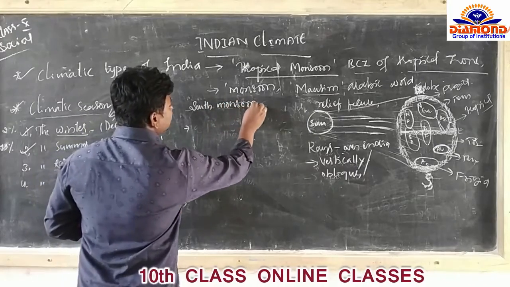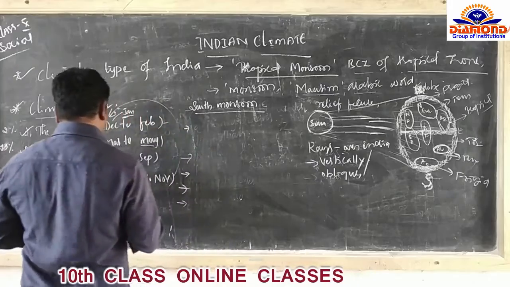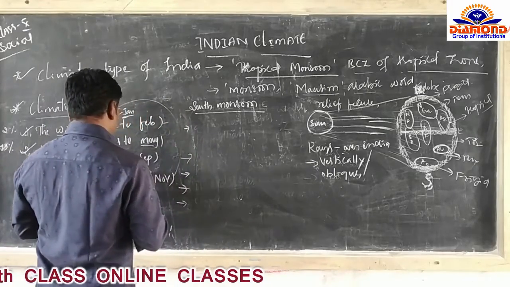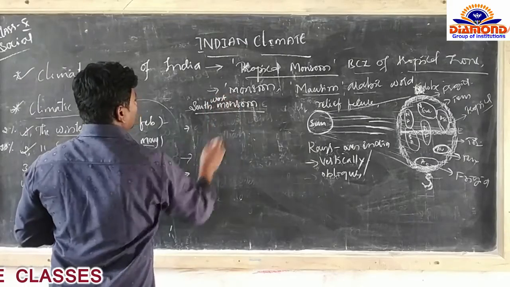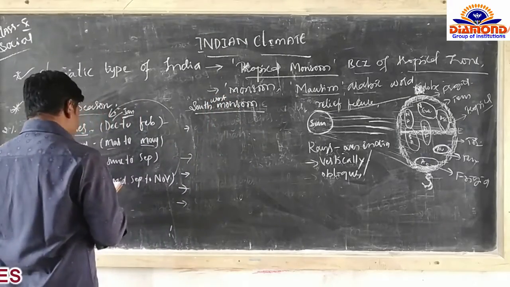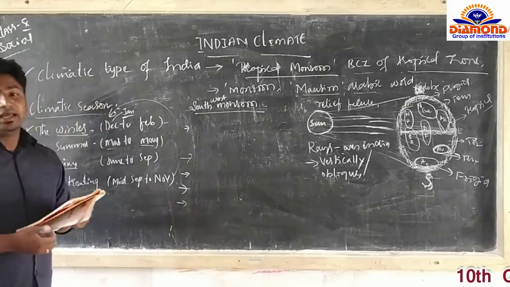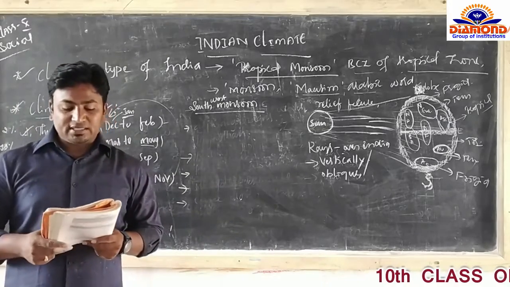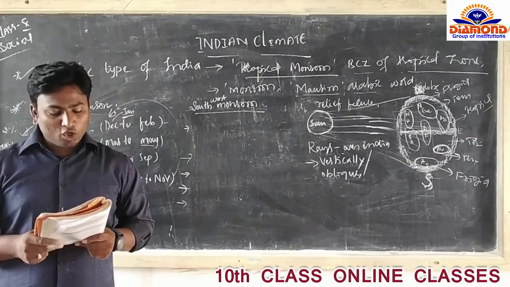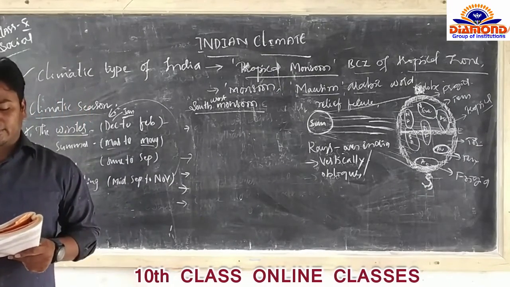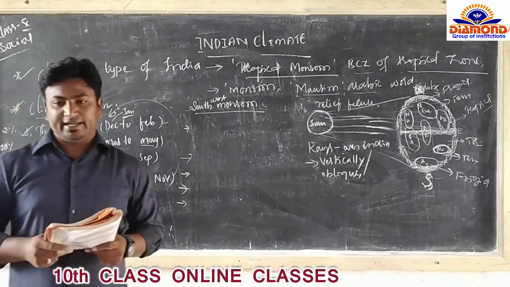Why is it called the Southwest Monsoon? At this time, temperature rises by the end of the summer season. A low pressure area is developed over central India.